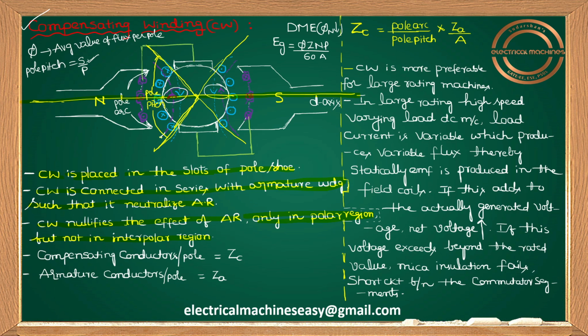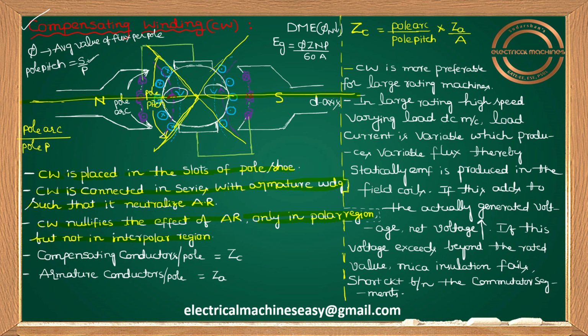Now please tell me, do you think the pole arc and pole pitch distances are the same? No. To be frank, the pole arc distance is lesser than the pole pitch. So I can write here pole arc by pole pitch.